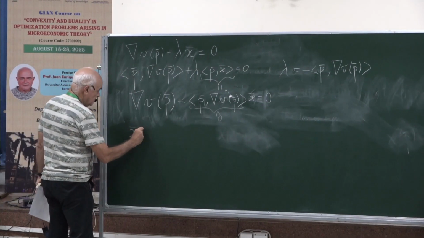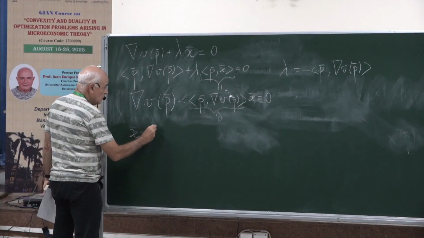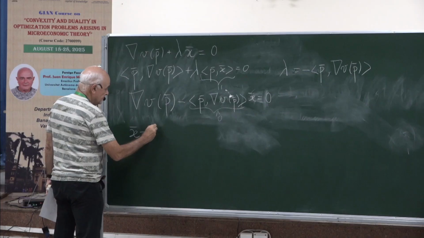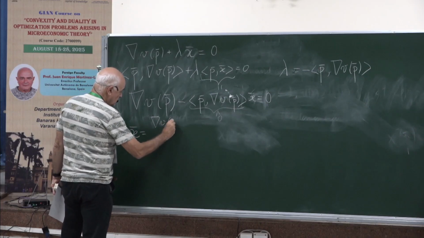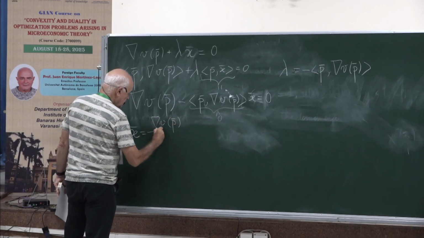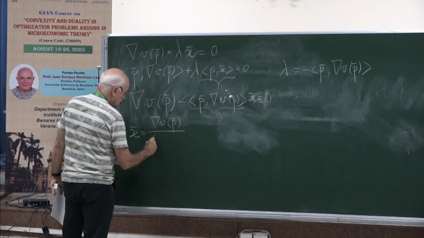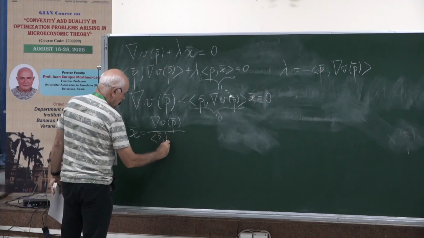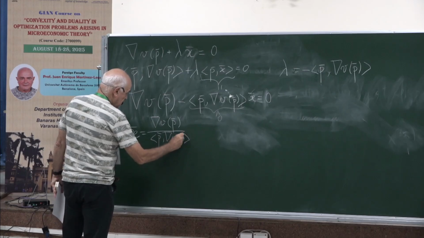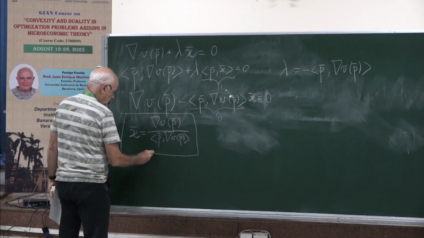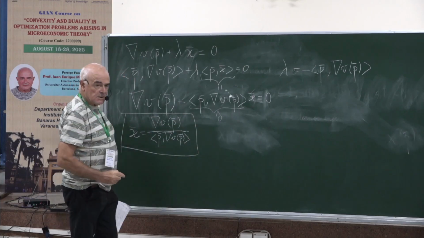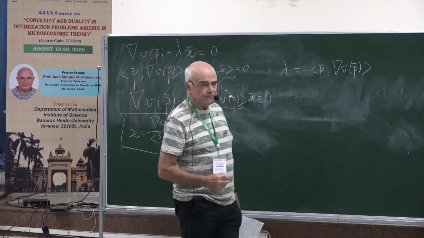So x bar is equal to the vector gradient of V of P bar divided by the scalar P bar times the gradient of V at P bar. And this is Roy's identity.